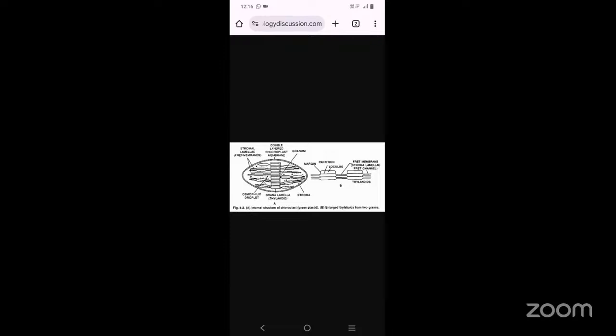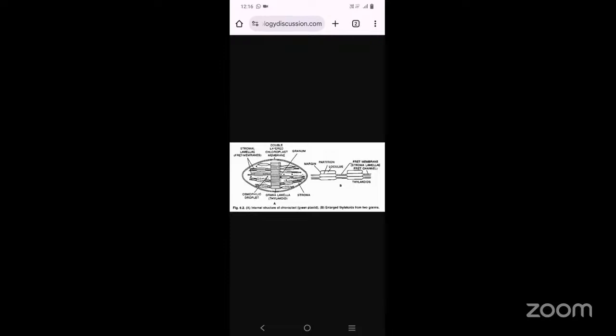The photosynthetic pigments initiate the process of photosynthesis. So some pigments are categorized into three types.